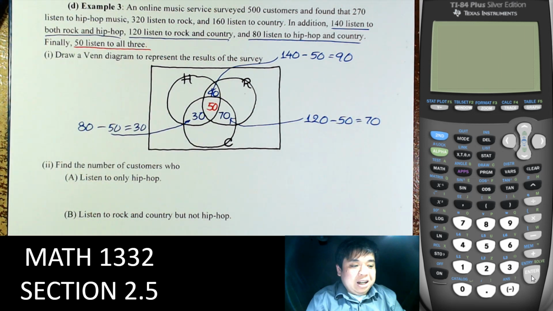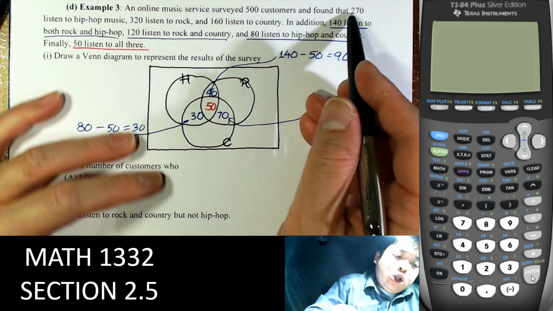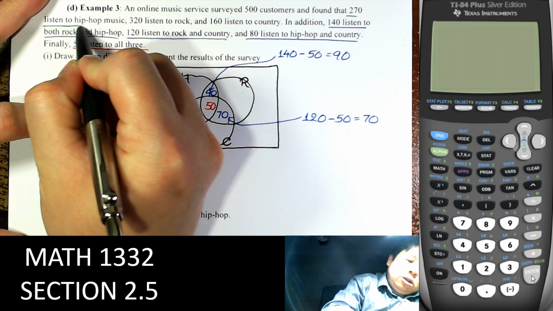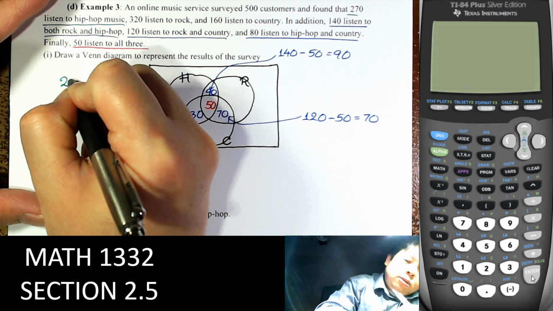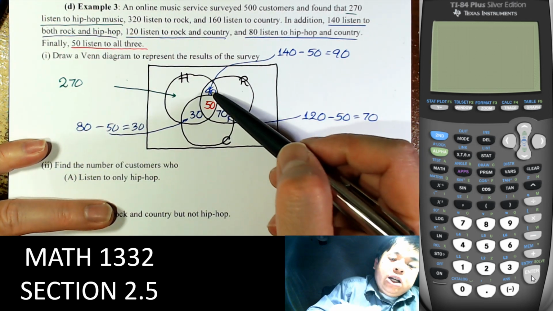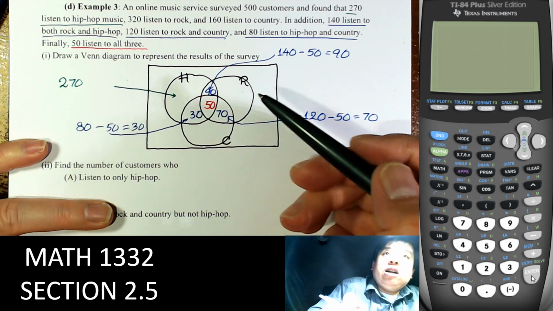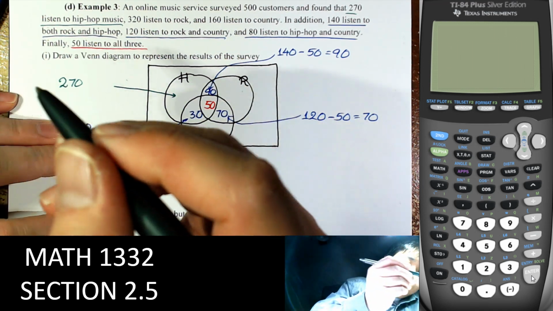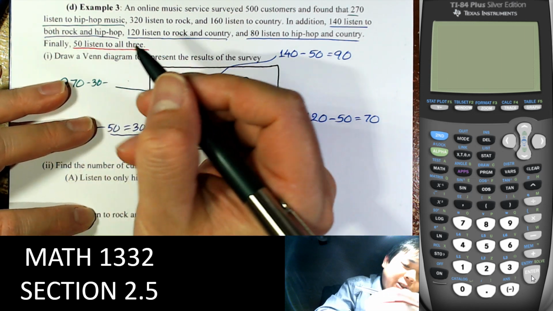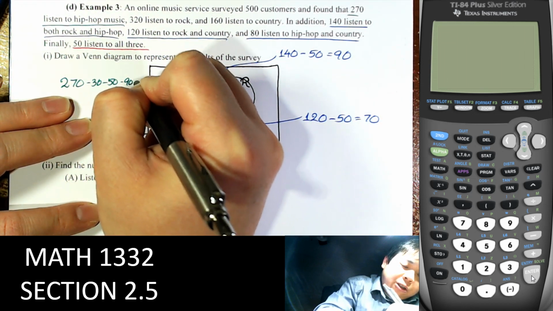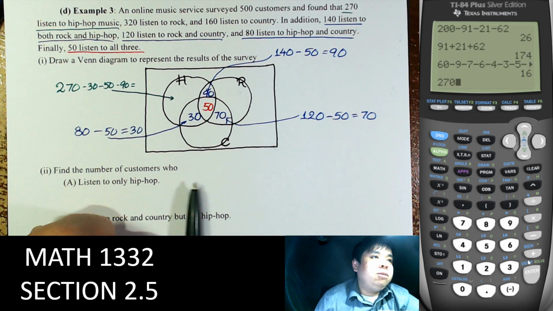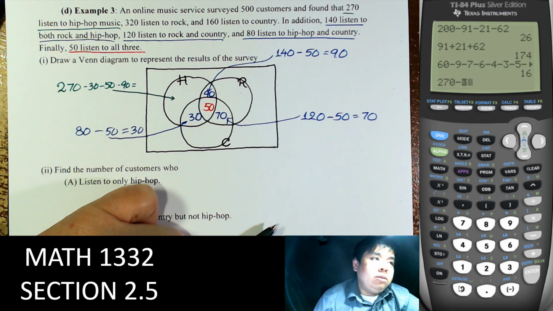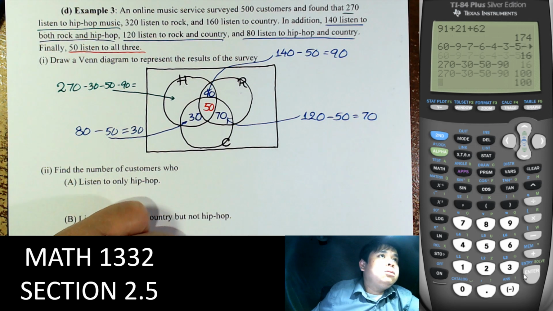And now we find exactly 1. Next we have 270 that listen to hip hop. Subtract all of these 3 numbers we have. Those only listen to hip hop only. So that's 100.